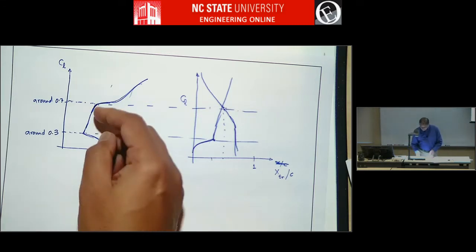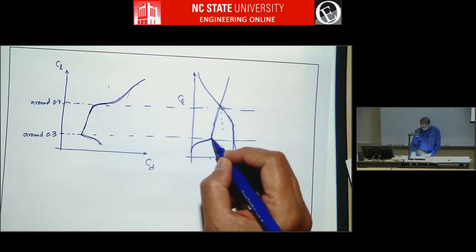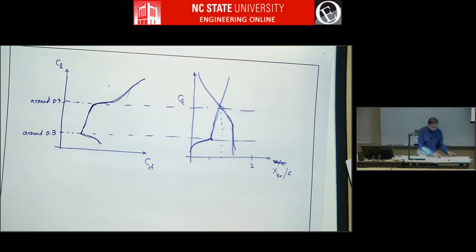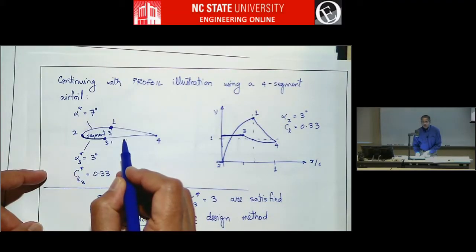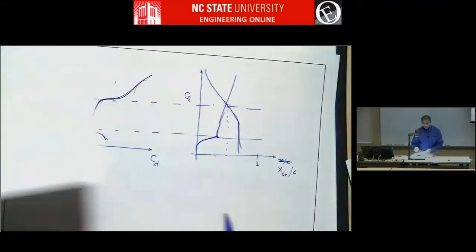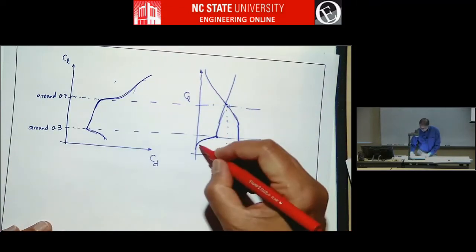Likewise, if you want to decrease this CD here, one way to do that is to say, hey, if I move this point further down and increase the amount of laminar flow on the lower surface, then instead of this I can have maybe something like this.